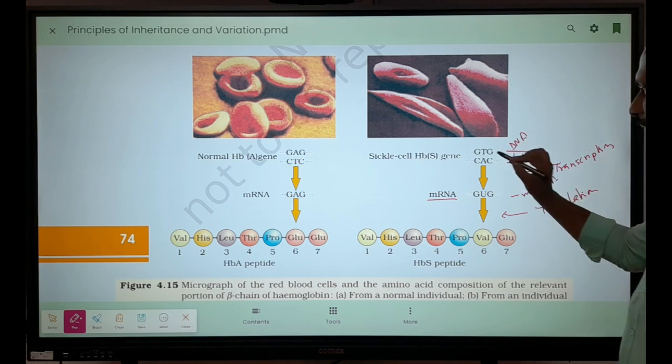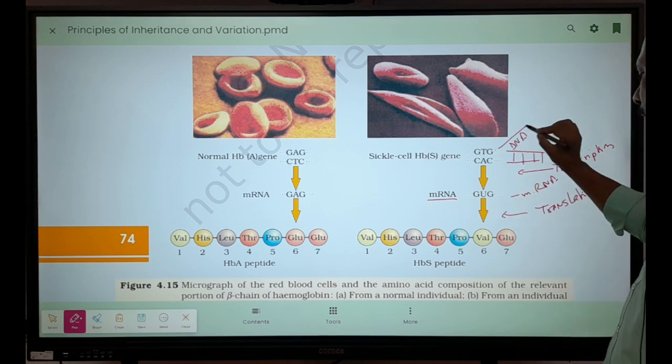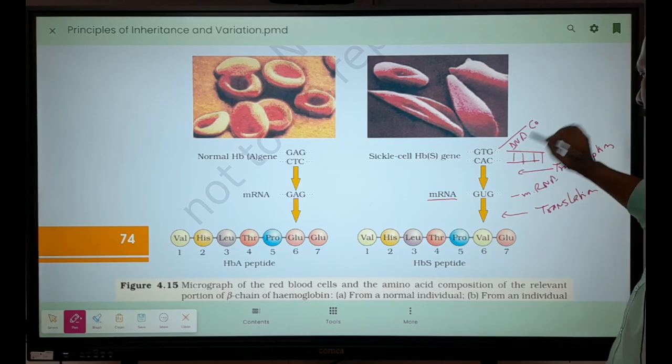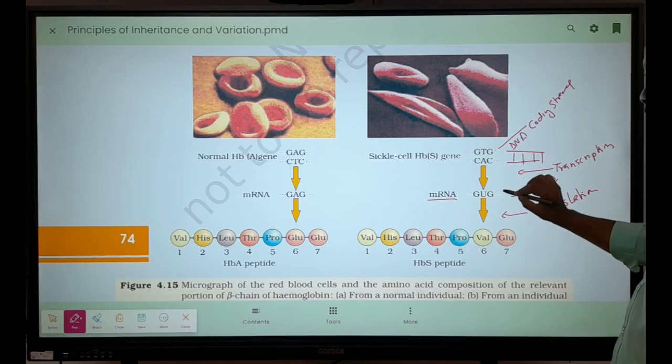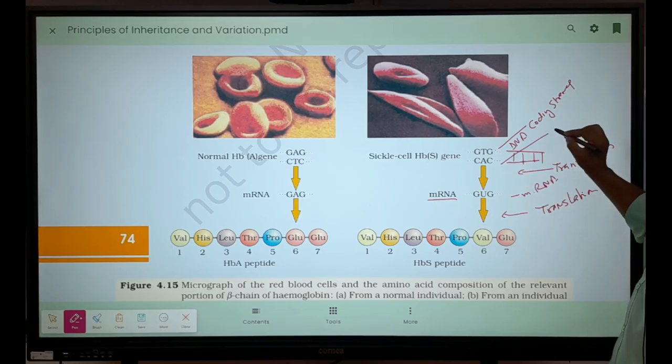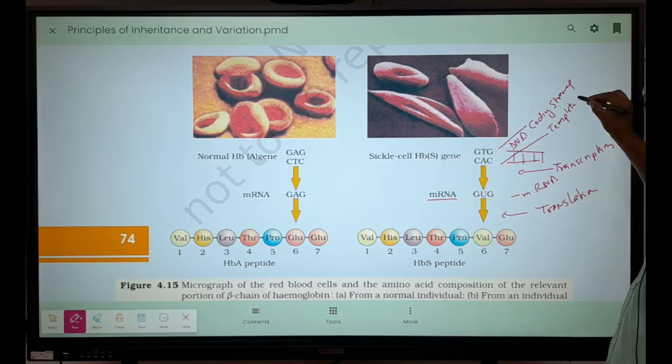You know, GTC. This is the other strand. This one is the coding strand of DNA, and this one is the template strand. GUG, this is the messenger RNA.